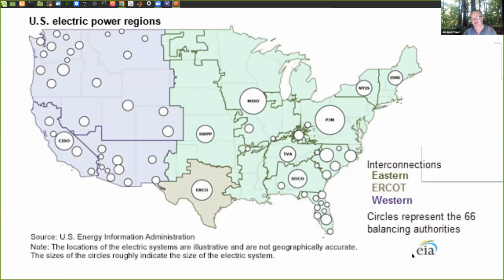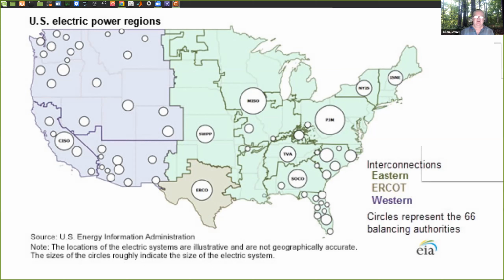And then each region has its own grid manager, usually referred to as an independent system operator. And what they do, they're like a Wall Street trading floor, doing arbitrage of wholesale power and balancing the loads and prices, both within their jurisdiction and in their connections to the neighboring jurisdictions.